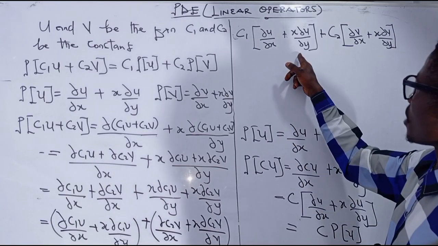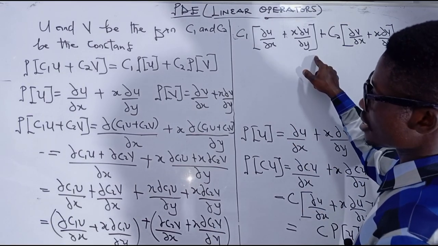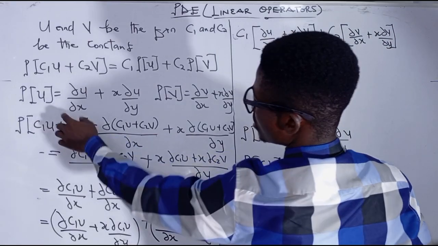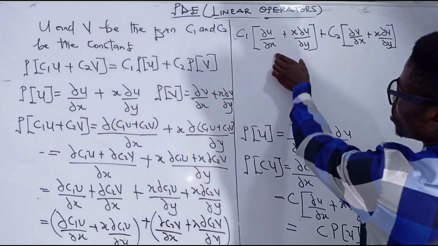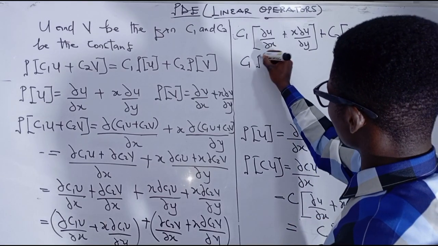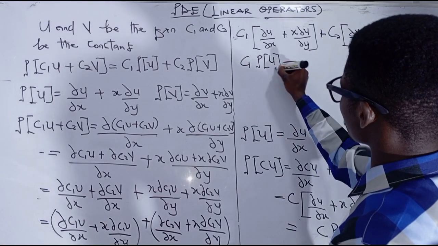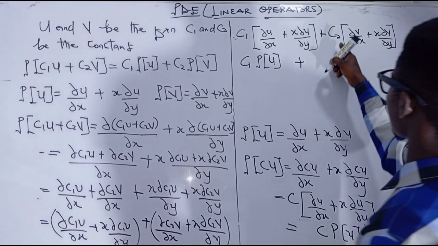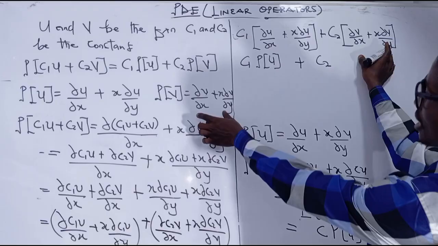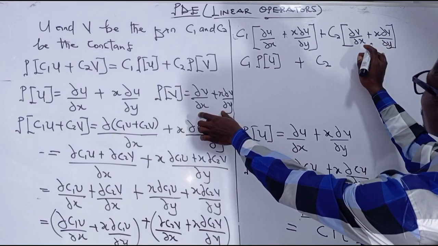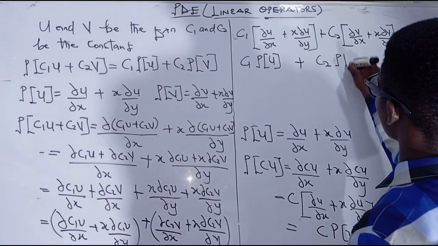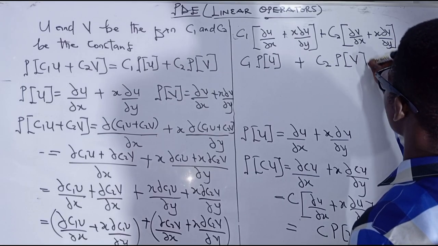Now you can see that what is within the bracket is the same as PU. So in place of the whole of this, we can write PU. So we have C1 PU, then plus C2, and what is in the bracket is the same as PV. So in place of this, we can write PV.